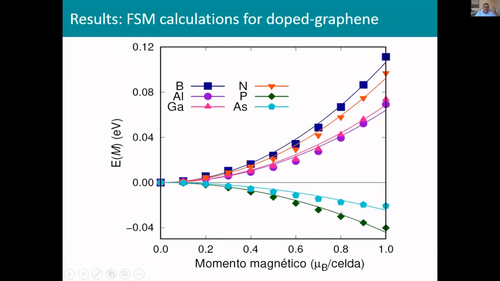So the system is not really symmetric, as can be expected from the Lieb theorem. But one very strange case is nitrogen, because nitrogen introduces one electron. However, this system is not magnetic. I am coming back to this later to understand this system.